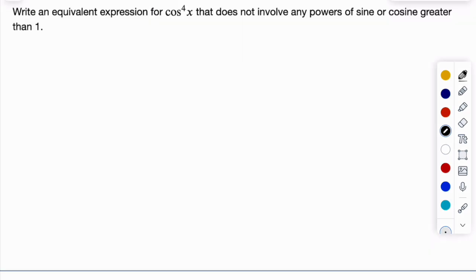Alright guys, so now we've got an example where it wants us to write an equivalent expression for cos to the power 4x that does not involve any powers of sine or cosine greater than 1. In essence, it wants us to break down cos to the power 4x into its bare bones.